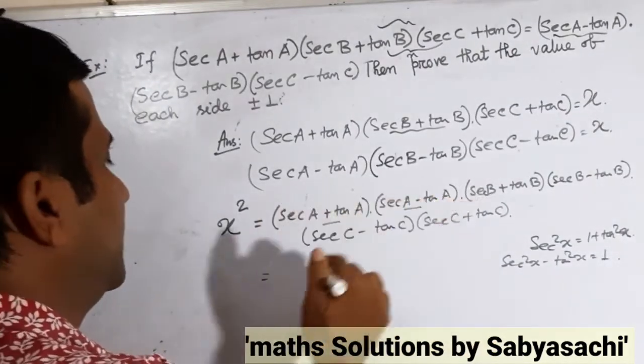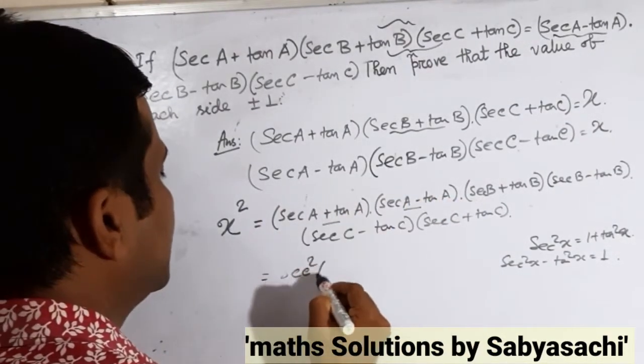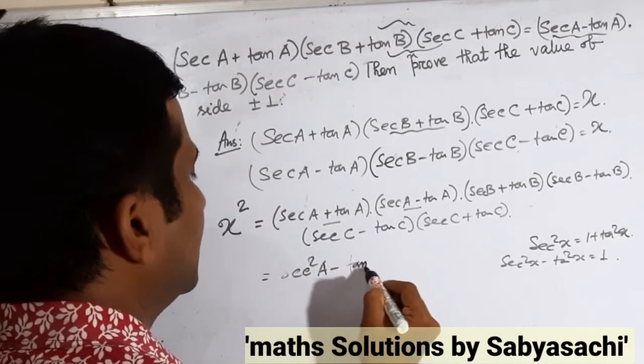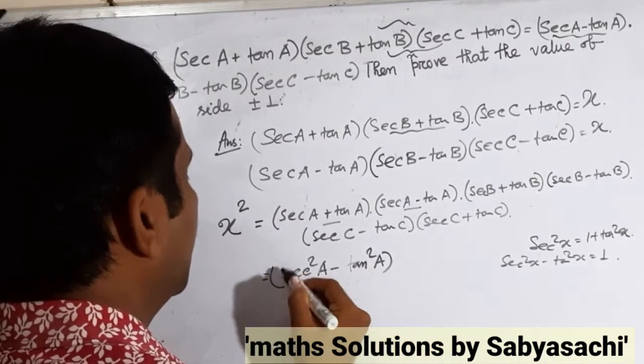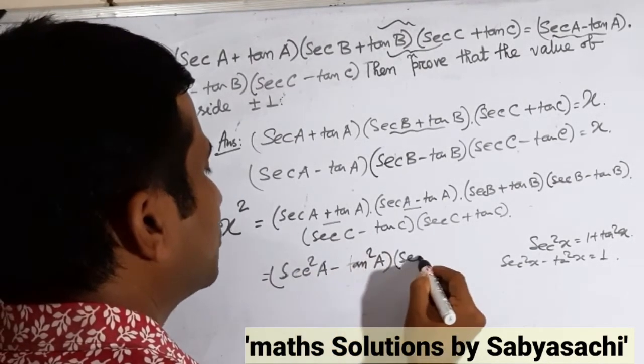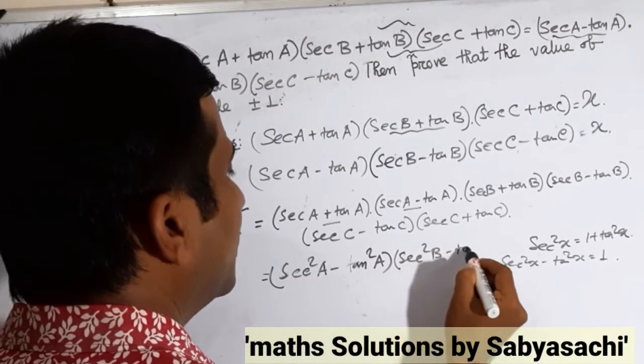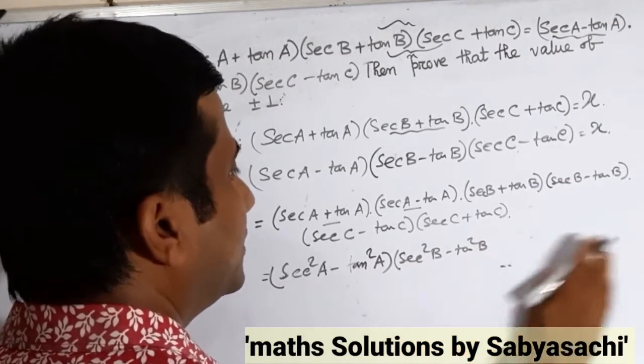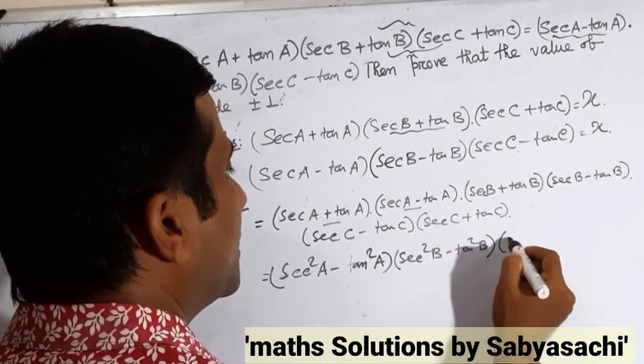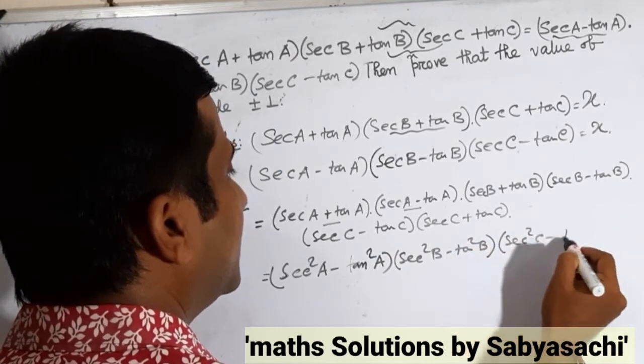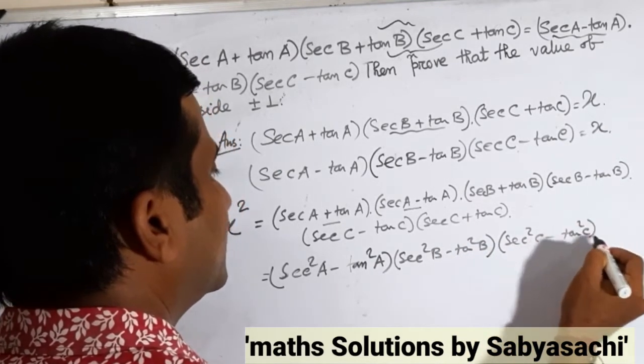A plus B into A minus B, that means (sec square A - tan square A)(sec square B - tan square B)(sec square C - tan square C).